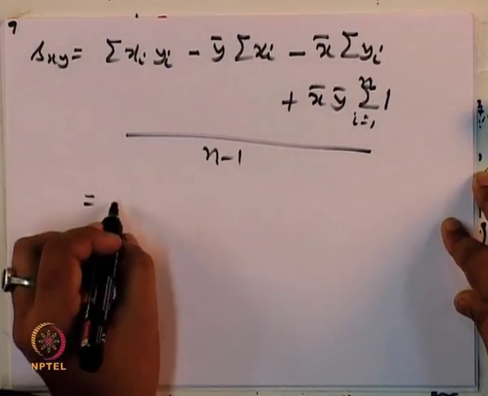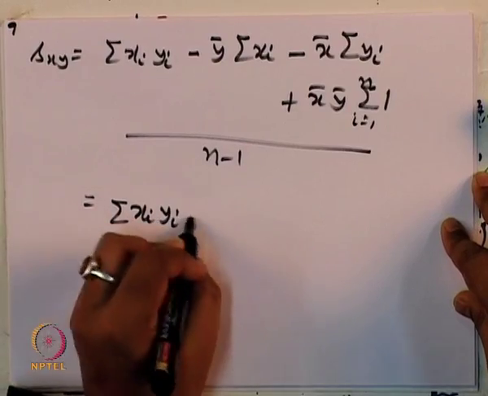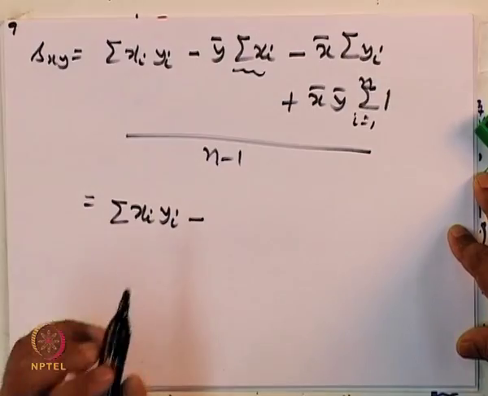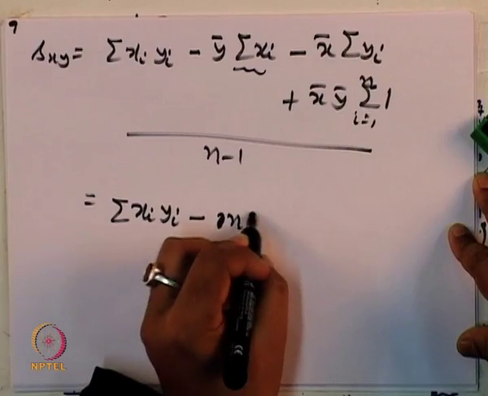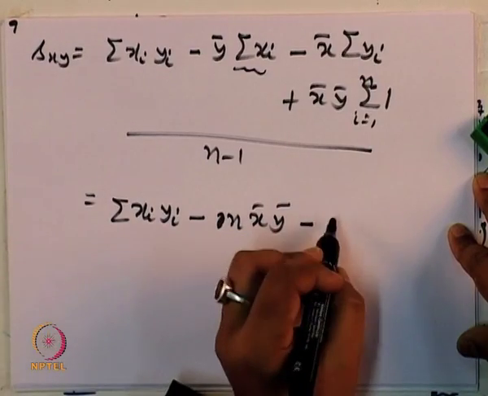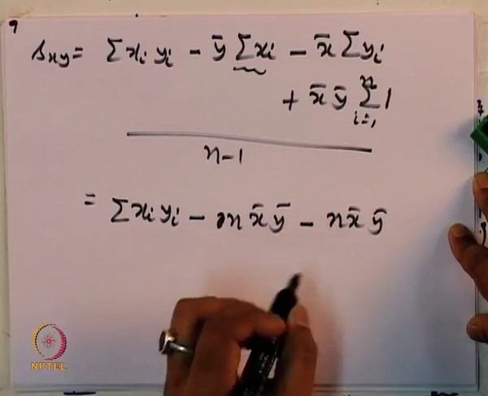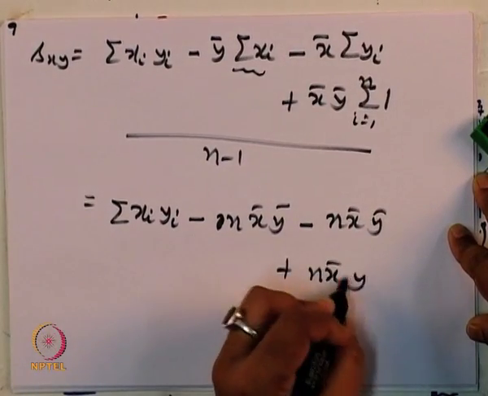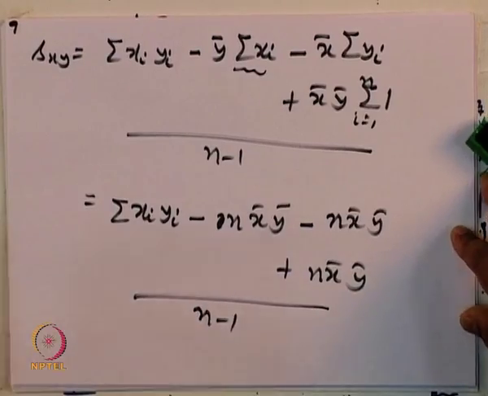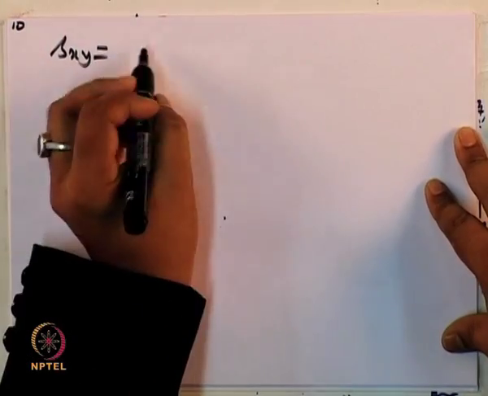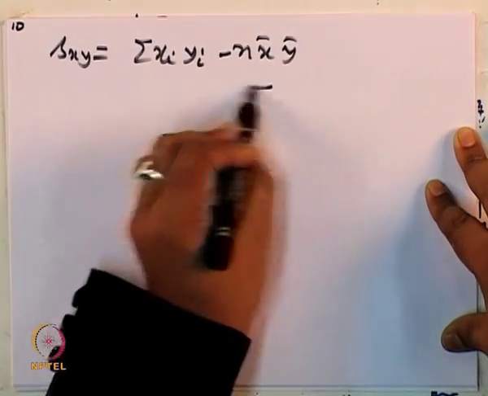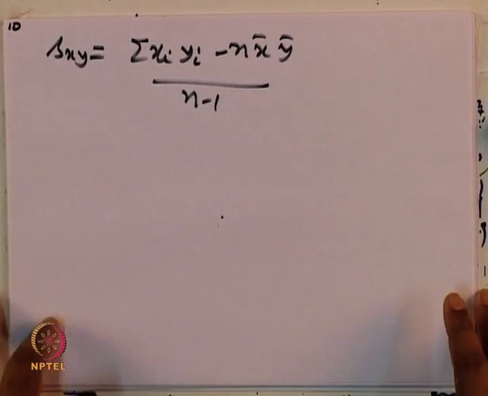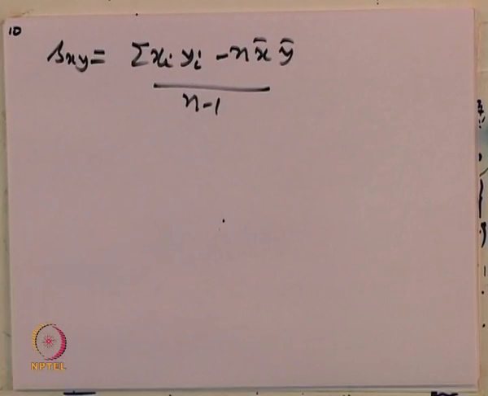Summation xi is nothing but n times x bar. So I can write this as summation xi yi minus n x bar y bar minus n x bar y bar plus n x bar y bar, divided by n minus 1. This gives the formula that Sxy is summation xi yi minus n x bar y bar, divided by n minus 1. Okay, so this is the definition of covariance.